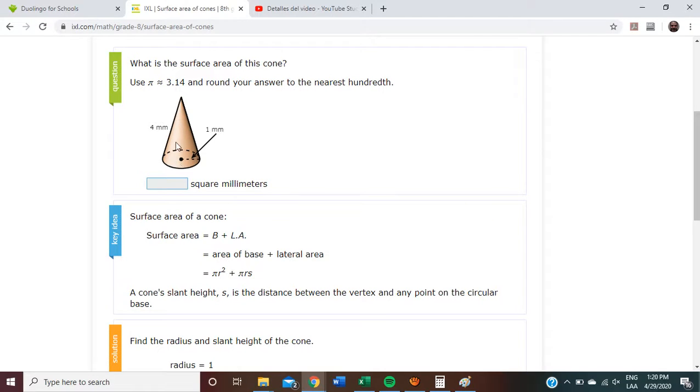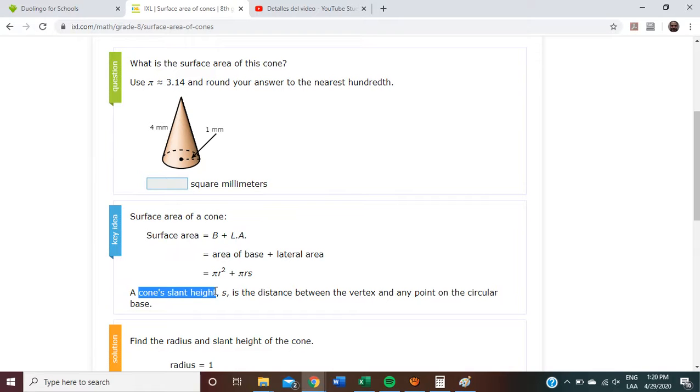When we get this, now we need the surface, or the area, of the rest of the cone, which is pi times R times S, which is pi times the radius times the cone's slant height.